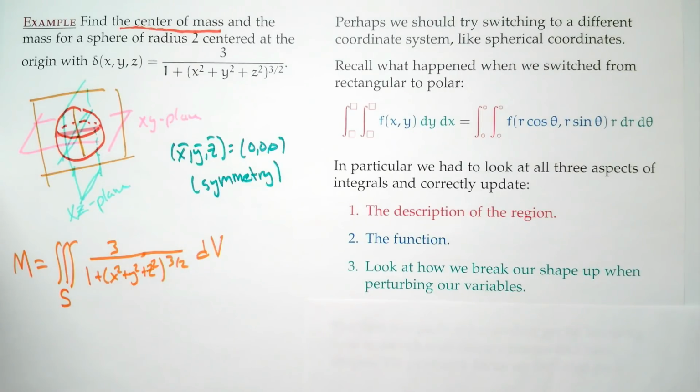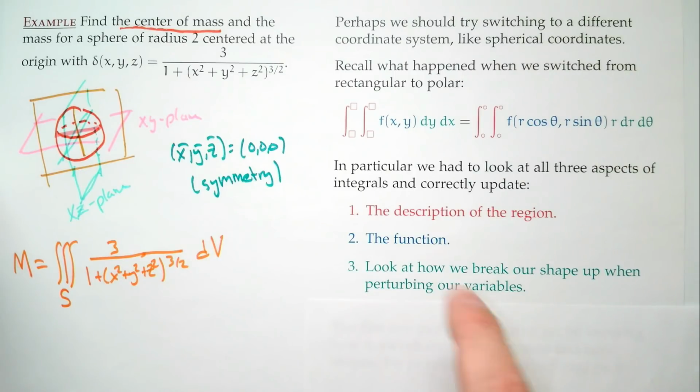So in x and y, when we perturb things, we would form boxes. In polar coordinates, when we perturbed, we were forming something akin to the edge of the crust on a slice of thin pizza, for example. It's not quite a box, it's like a curved box. And as a consequence, it wasn't just a matter of dr d theta, there was this extra term r in there.